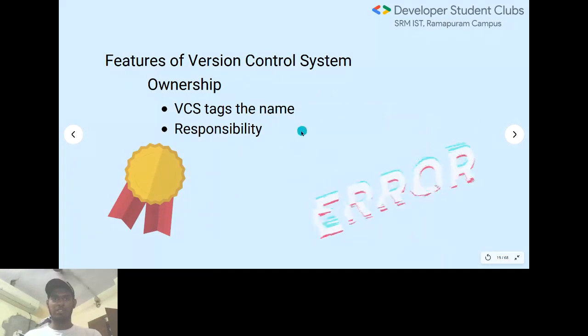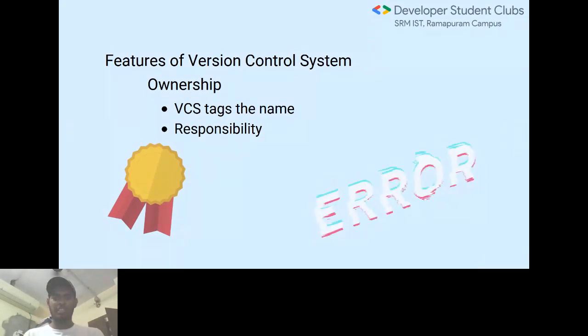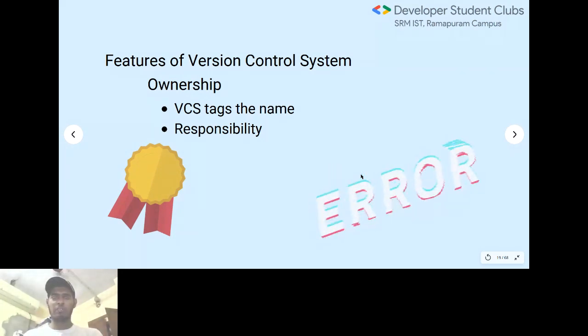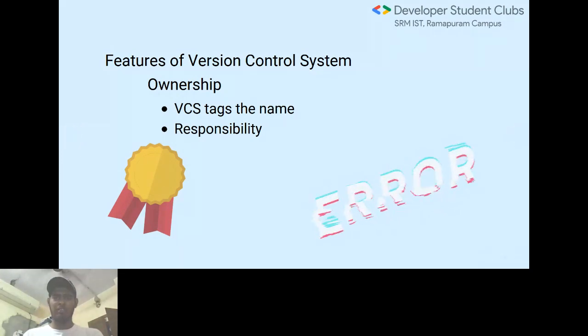And next is ownership. Whatever changes you have edited, if you want to know the developer behind this code, you can get to know about it. Each time, the version control system records that ownership and responsibility. Each of the fellow developers who have edited this code has the full responsibility for what they edit in future.